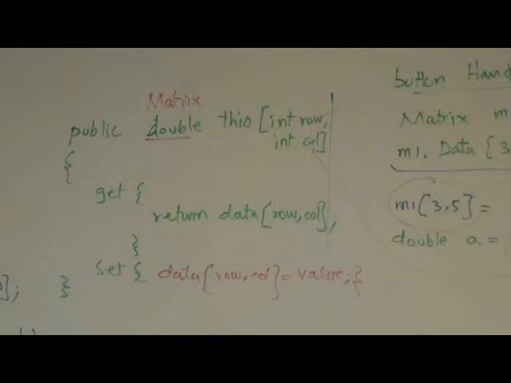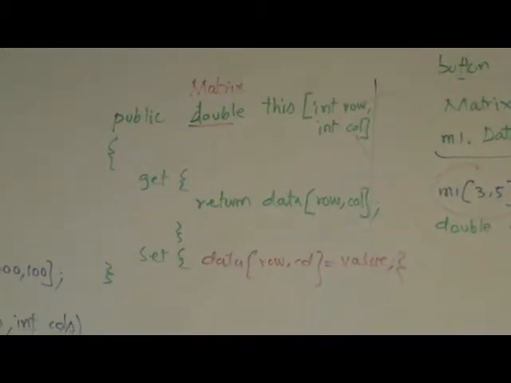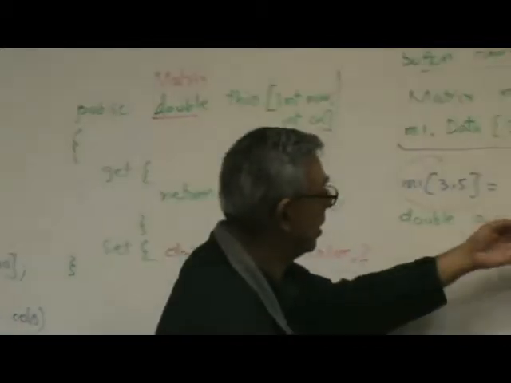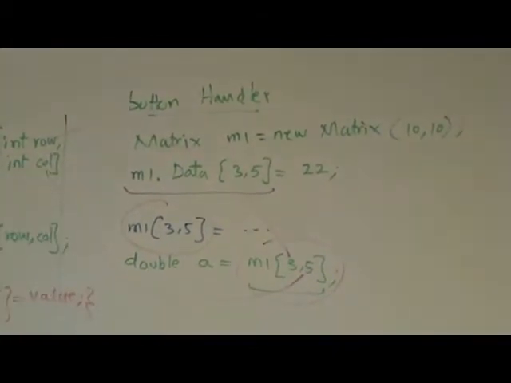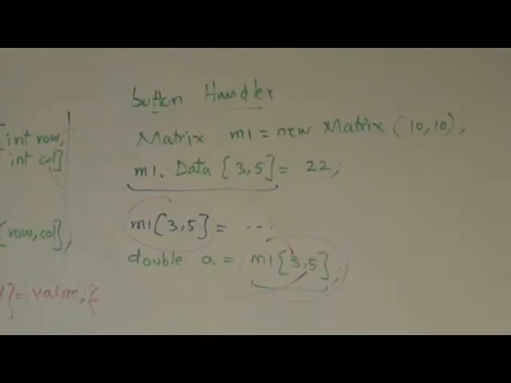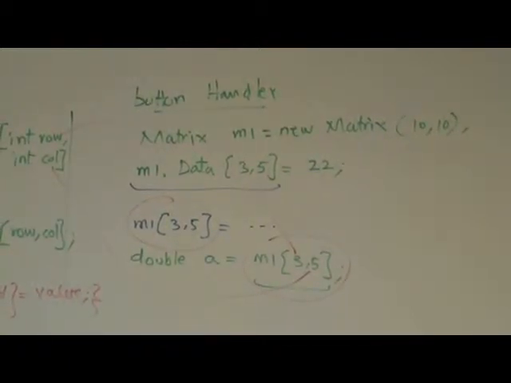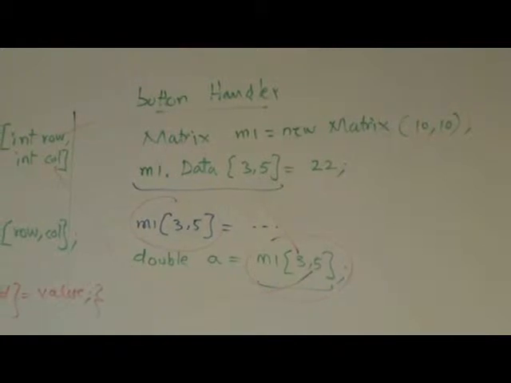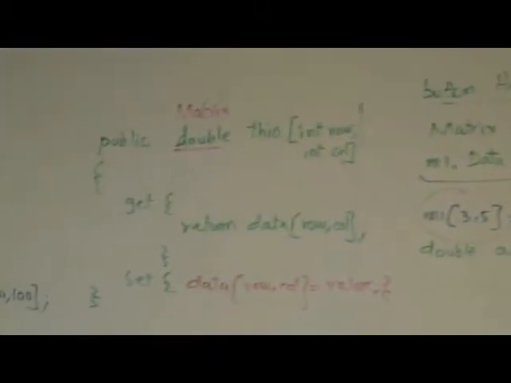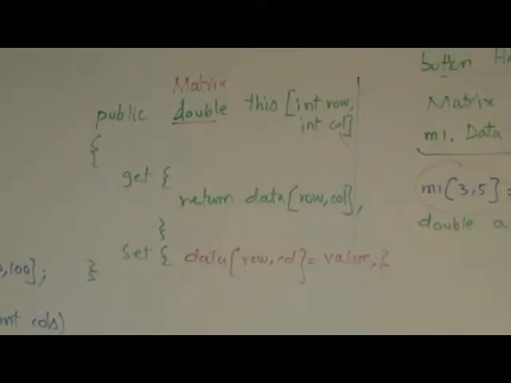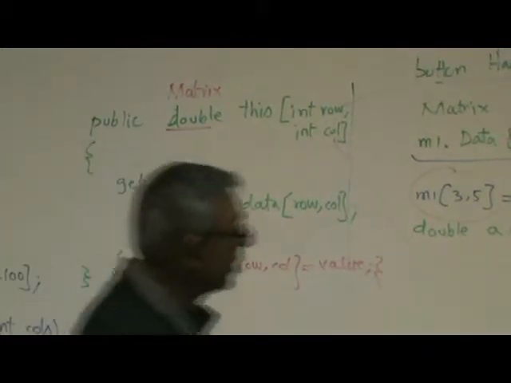So, the bottom line I was trying to make is that indexers, once we have written them, especially when arrays or collections are involved, make our access very intuitive, so that you don't have to keep saying dot and then something, right? Further, like we talked about the university class, so remember we had something like this.